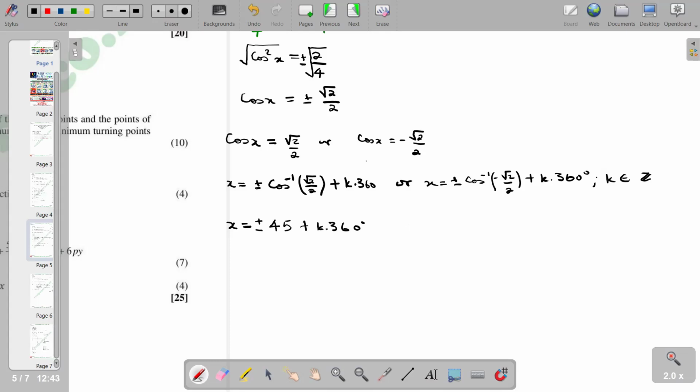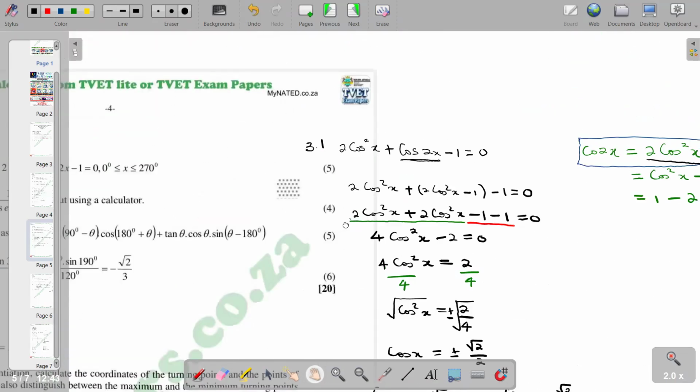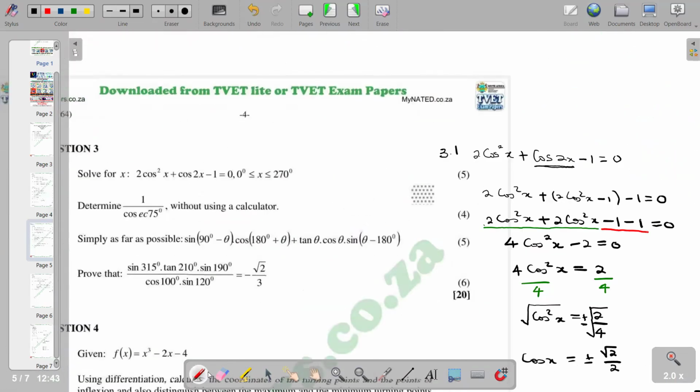Then the other side, our x, we found it to be plus or minus. When we punch this on the calculator, we got 135 degrees plus k 360 degrees. But now the question did not want a general solution. The question wanted a specific solution.